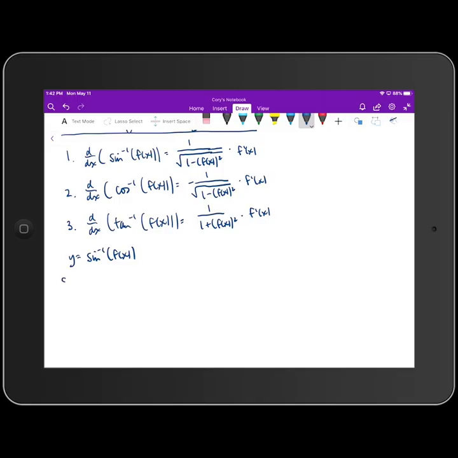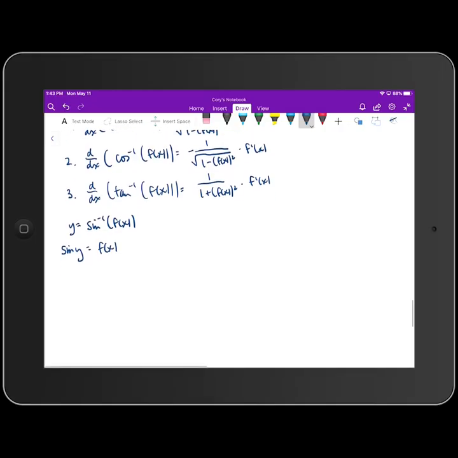That's going to make the sine of y equal to, when we take the sine of the inverse sine of f of x, we're taking the composition of two inverse functions. They wind up canceling one another out, so that just leaves us with the argument f of x on the right hand side.